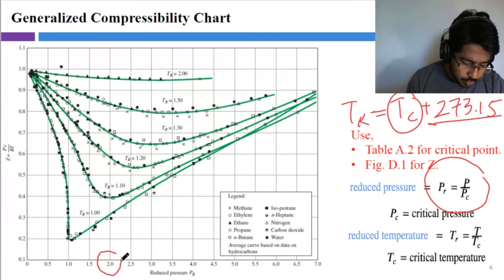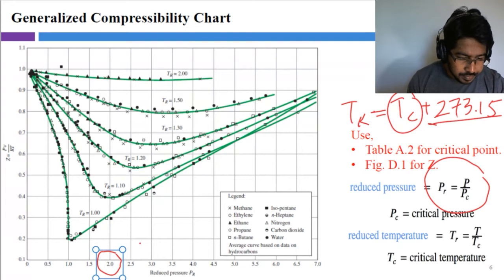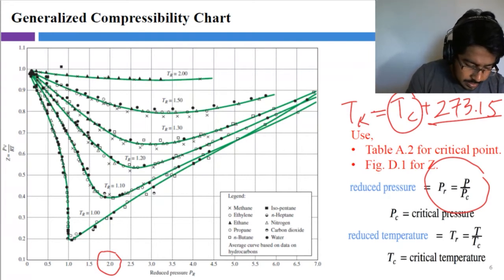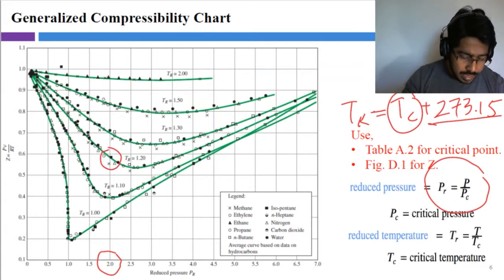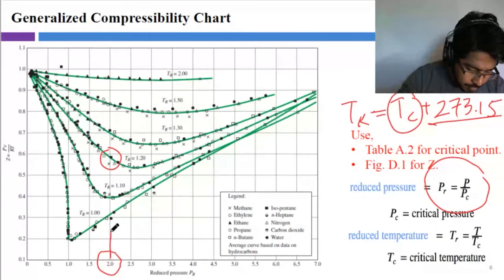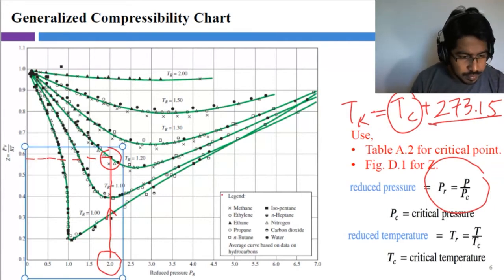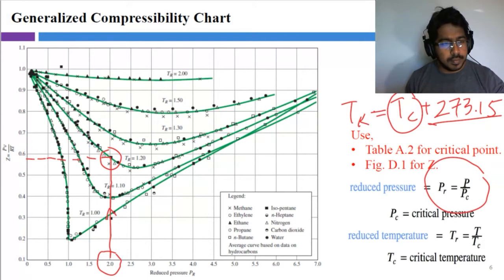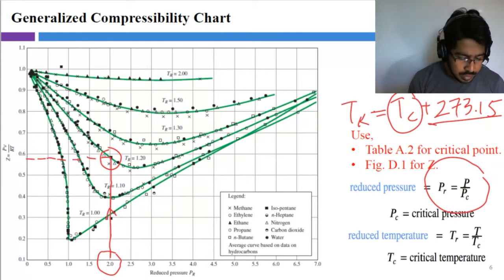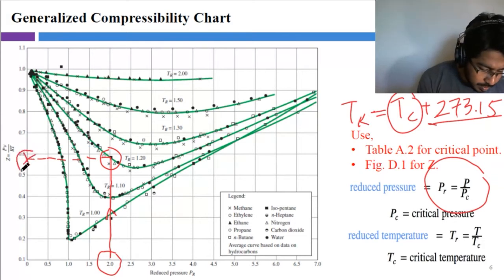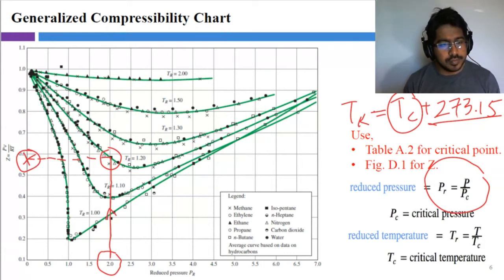Our reduced pressure was selected to be 2, and our reduced temperature is 1.2, then we go up here, find the intersection, and then we go towards the y-axis to find that coordinate. Now you see that this is going to be our compressibility factor.